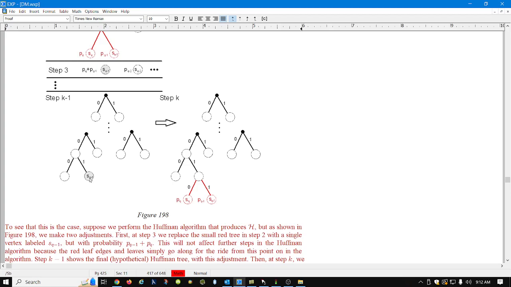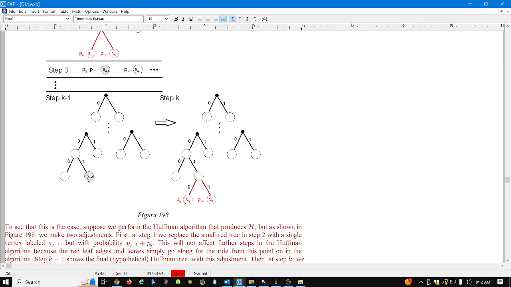So that's the code word that goes with this SQ minus 1 here. But this vertex gets the code word that you would get by taking these two code words and chopping off the last bit, backing up to here, which is what this is.